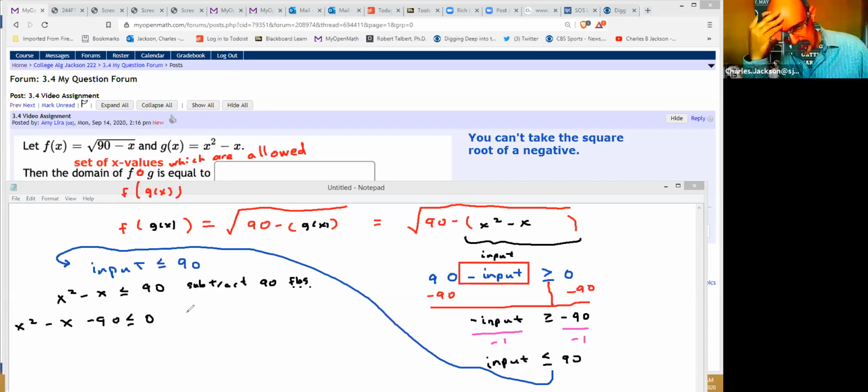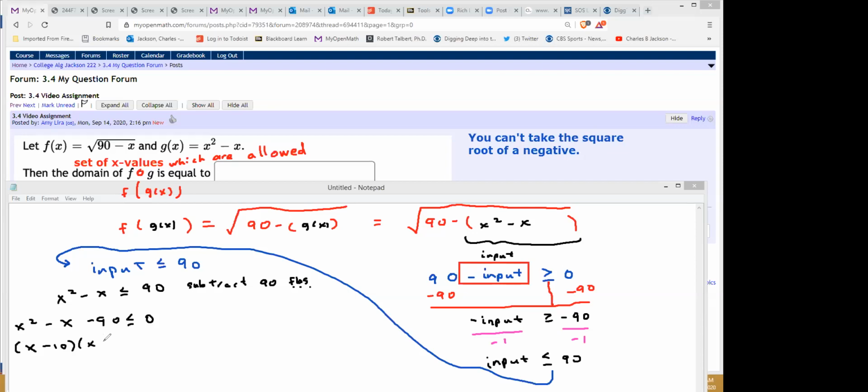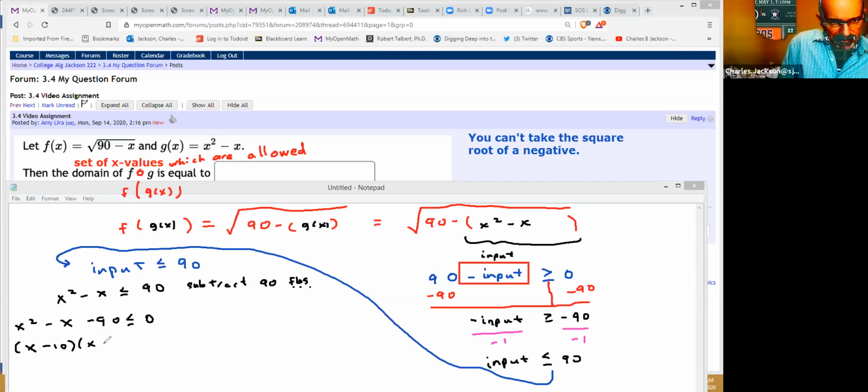Now, to solve that thing, this problem is a problem about domain. So it would be okay to solve it graphically if you're comfortable with that, Amy. Yes, sir. Okay, so x minus 10, x plus 9 is how we could factor the left-hand side, okay?